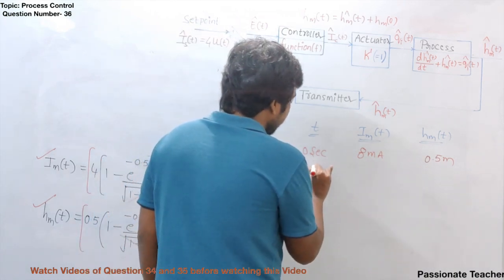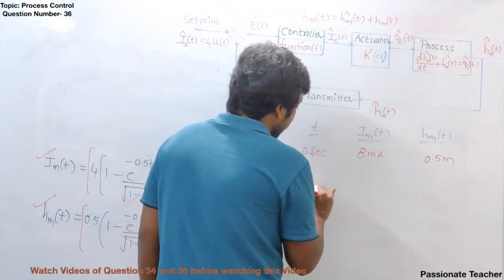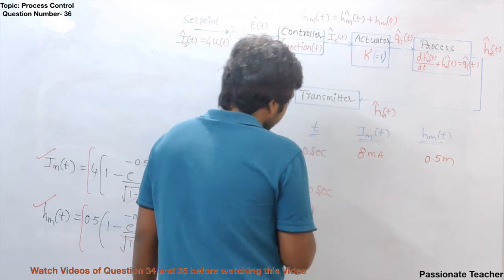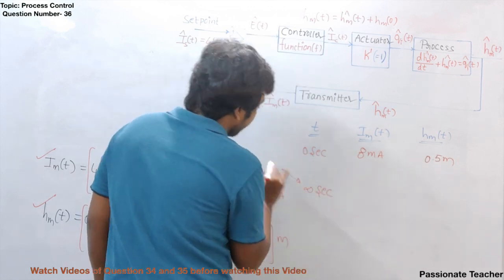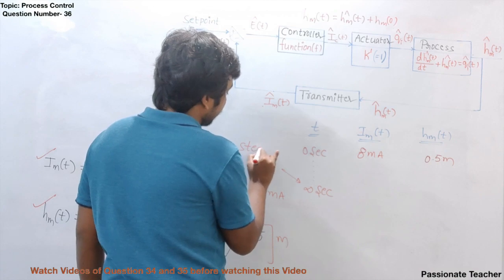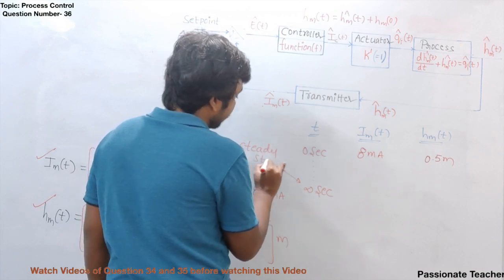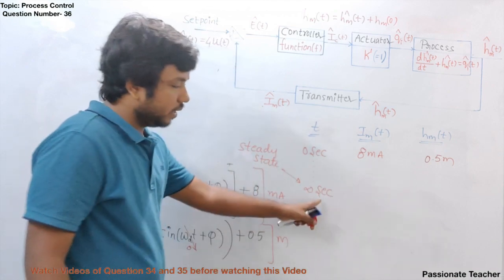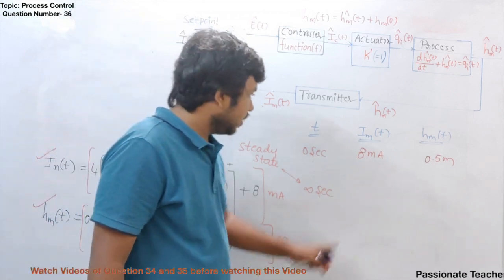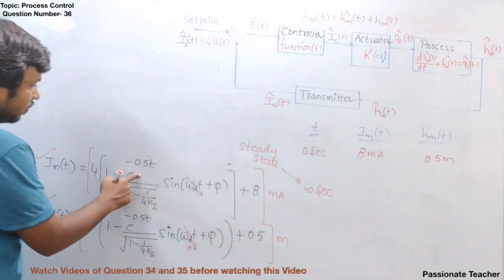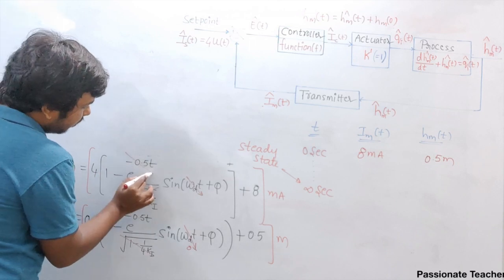Now, if you substitute t is equal to infinity, let us see what is going to happen. That means t is equal to infinity will be written as steady state. That means we are waiting for a long time. Interestingly, for the current, t is equal to infinity means this factor will become 0.